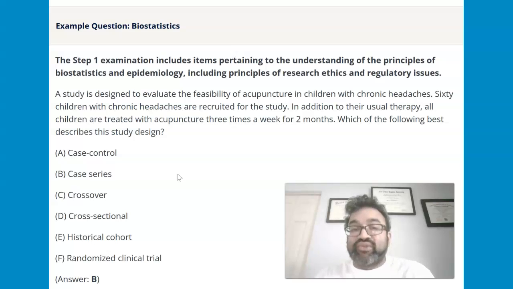Even in a cross-sectional, even though the variables might have been collected all at the same time, there's actually a kind of comparator group. And this is why there's a PICO.